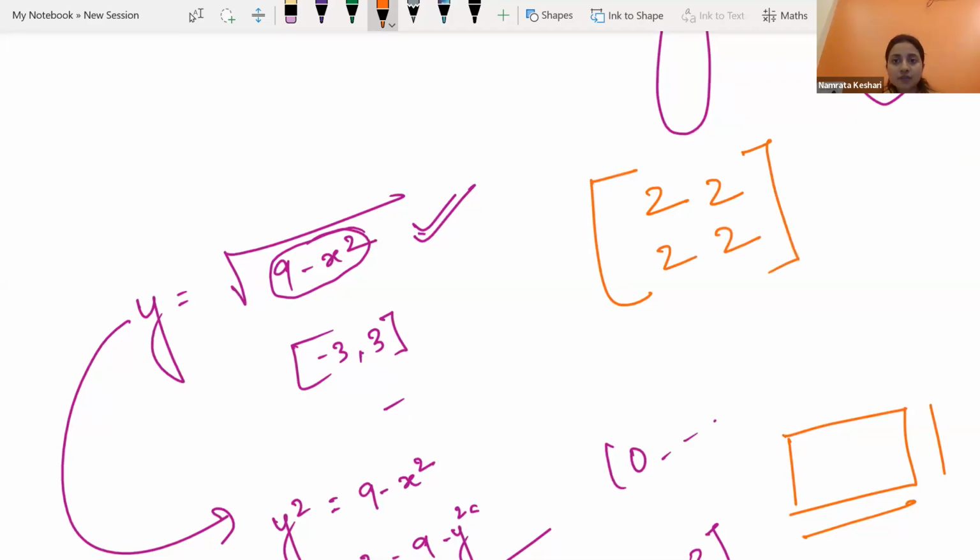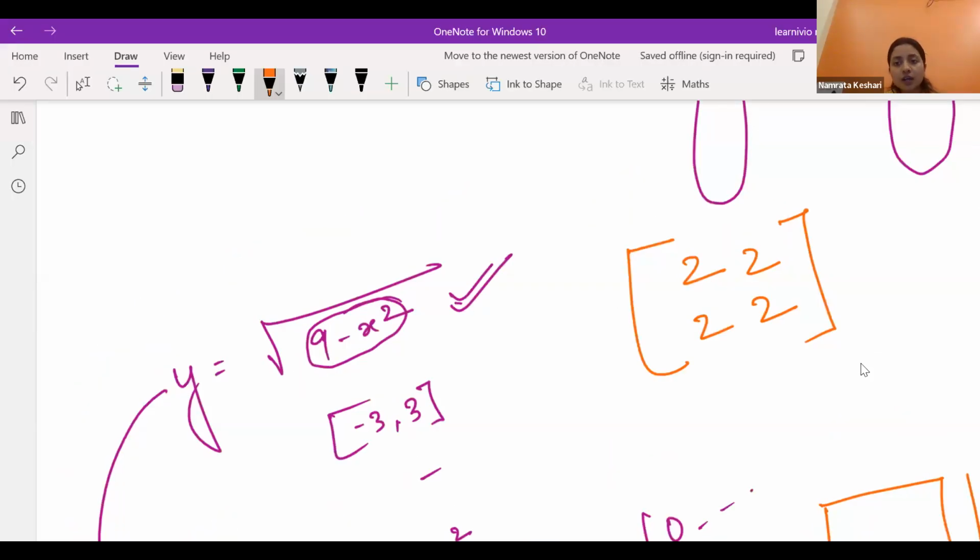Are you clear? Yes, ma'am. So you can call it, here we are having 2 by 2. In a few examples it will be given that there is a square matrix m by m or maybe n by n. So we are clear that the number of rows and number of columns will both be the same. That's called a square matrix.